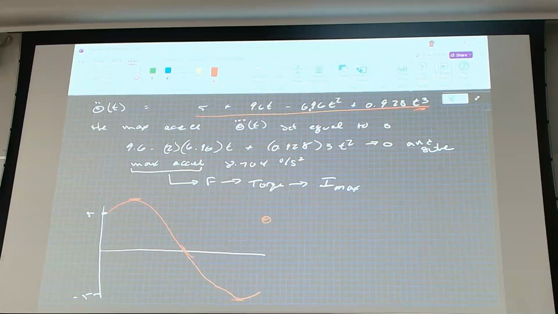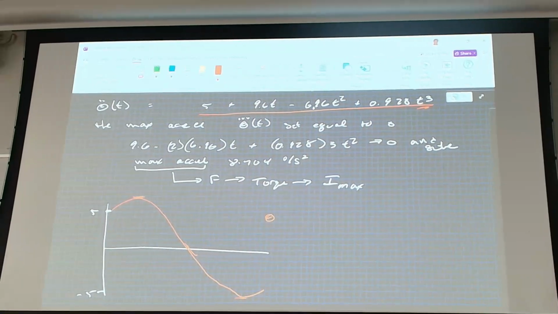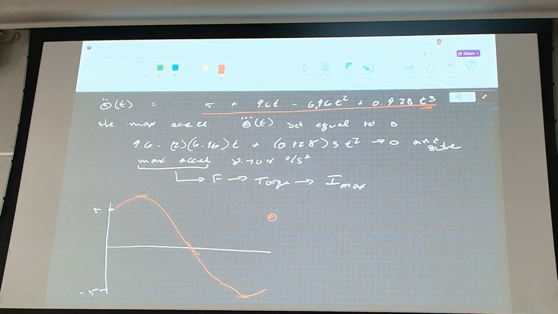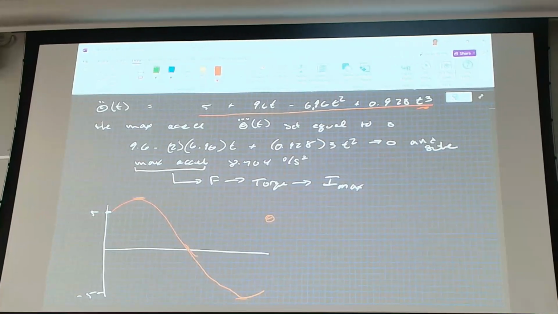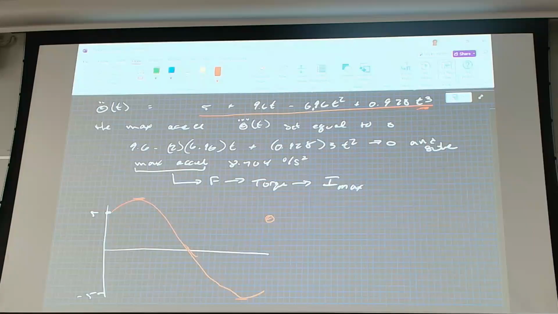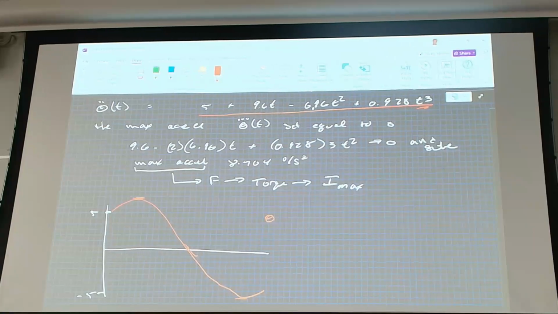Now, what if we didn't like the change, we still had too much acceleration, or we still had too much jerk, or too much derivative of jerk? What would we do in that case? Go to a seventh order, right?